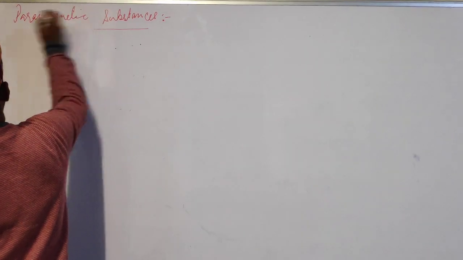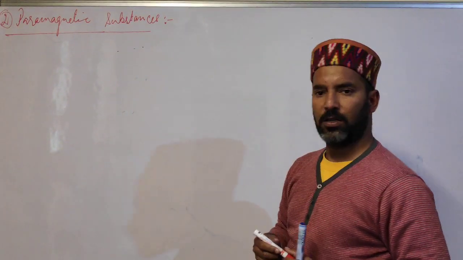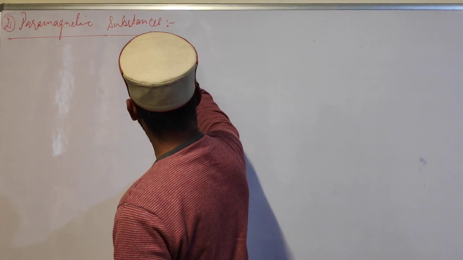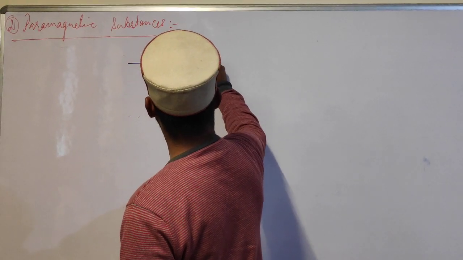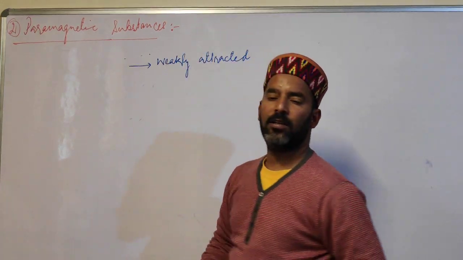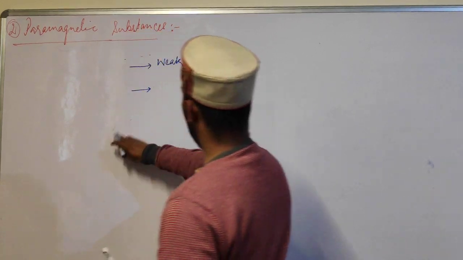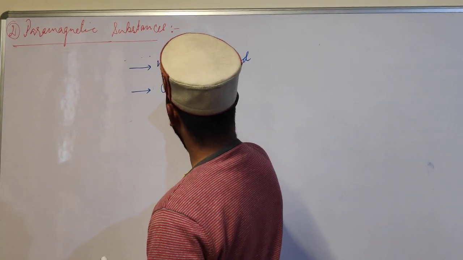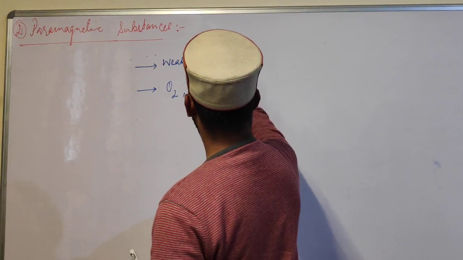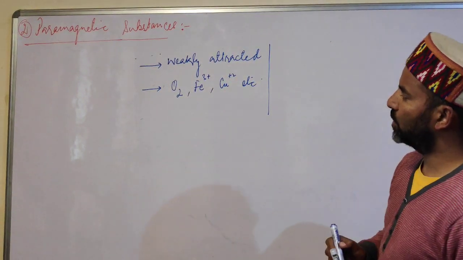Paramagnetic substances are those which are weakly attracted by the magnetic field. Now the common examples of paramagnetic substances we have, say oxygen, ferric ion, copper ion, etc. So students, these are some paramagnetic substances.